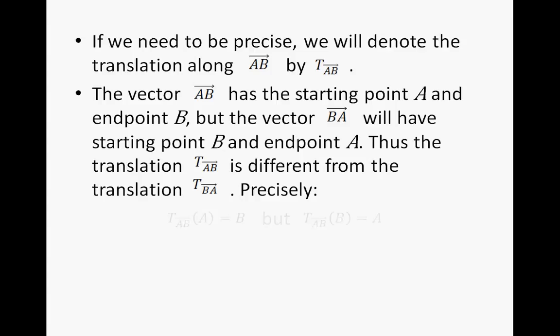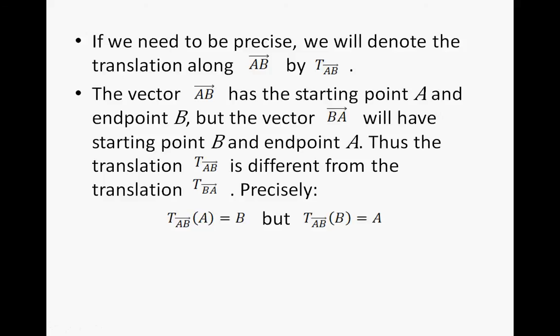But notice how we write this. Translation of vector AB of a point A is going to equal B. But if you are translating AB starting from B, then your translation would end up being A.